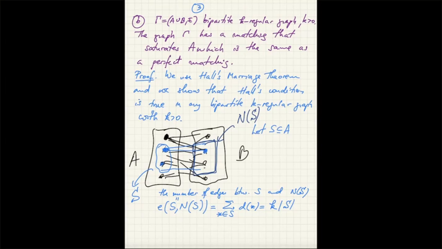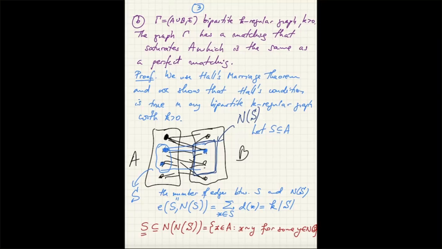So what is going to happen is the following. I claim that the set S is contained in the neighborhood of the neighborhood of S. The neighborhood of N of S consists of all vertices x in A such that x is adjacent to y for some y in N of S. Okay.